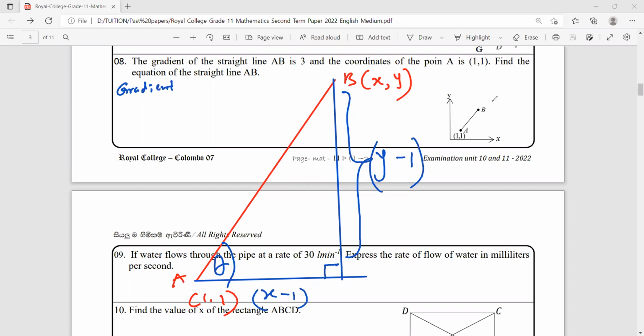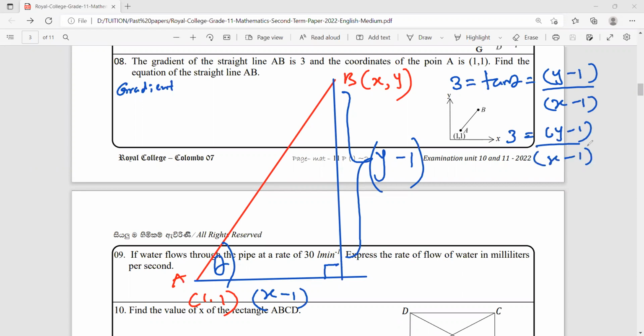So you get the gradient, which is equal to 3, is equal to tan theta, equal to opposite side divided by the adjacent side. That's y minus 1 divided by x minus 1. We can say 3 is equal to (y minus 1) over (x minus 1), and you can multiply both sides by x minus 1.